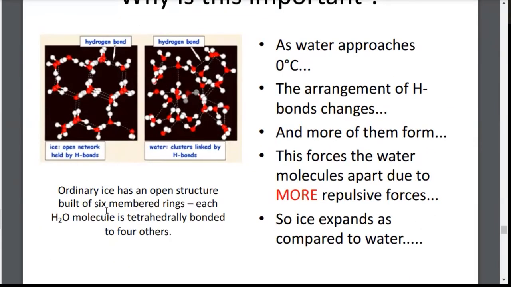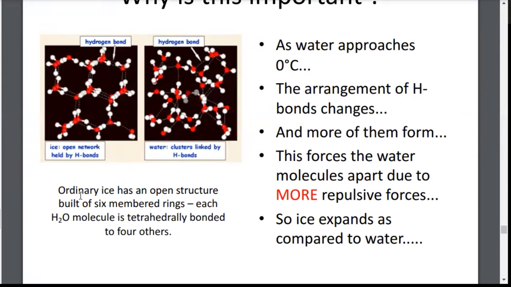So what happens is, ordinary ice has an open structure built of 6-membered rings. You don't have to remember this right now. Each water molecule is tetrahedrally bonded to 4 others. You can see that when you look at some more pictures coming, in ice, each water molecule is bonded tetrahedrally to four others, and that just means it makes a tetrahedral shape.